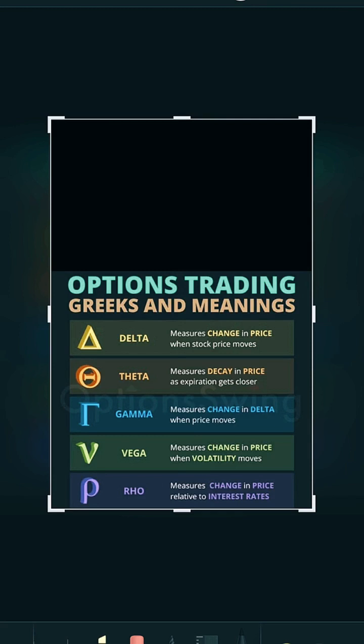Every time the price of that stock moves, the value of that contract, the premium you paid, will change in price based on what the delta is. However valuable that contract is, it is going to go up or down in whole dollars based off the delta. Then you've got the theta, which measures decay in price as expiration gets closer.